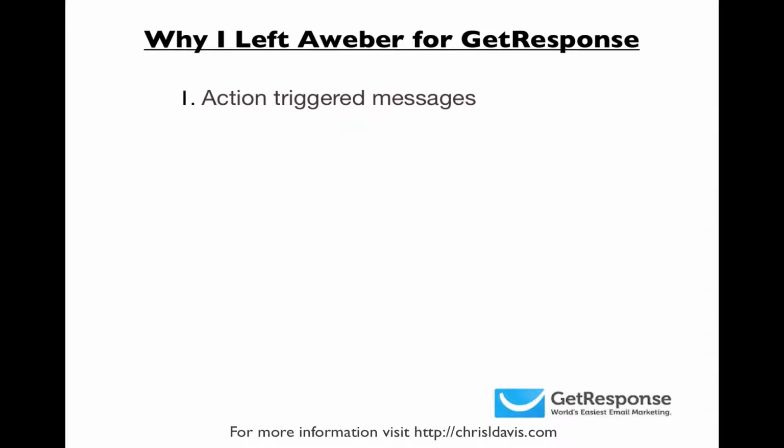So if they download, I can send one message or a string of messages based off that action. Whereas in Aweber, you would need a separate list for all of those things. So they can stay on one list, click a button, and get an action specific message and remain on that same list.